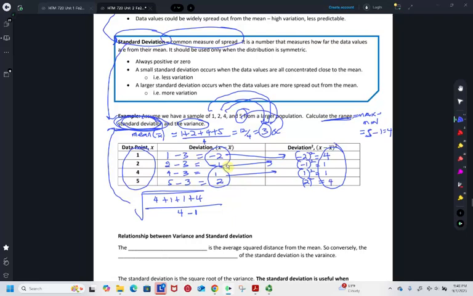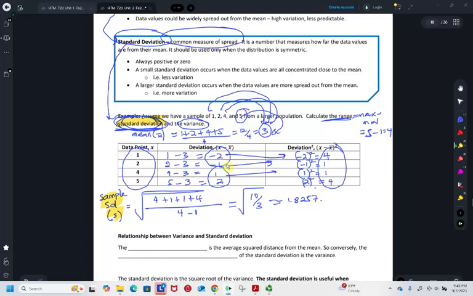So in this case, standard deviation is equal to the square root of the sum of all the squared deviations divided by the sample size minus 1. This is called, in particular, the sample standard deviation, represented by lowercase s. So this will be the square root of the result of 10 divided by 3, which will give us 1.8257. This would be the standard deviation.